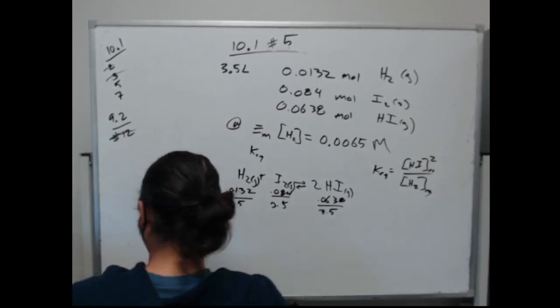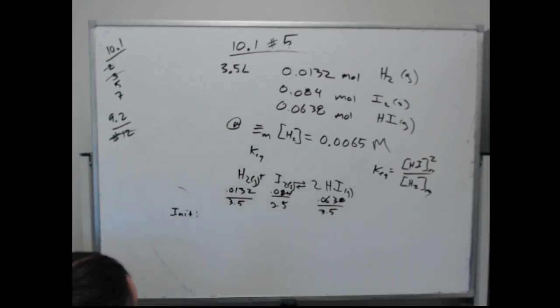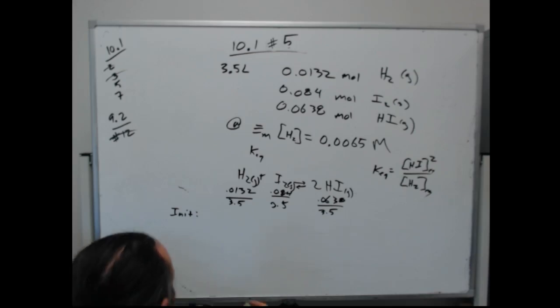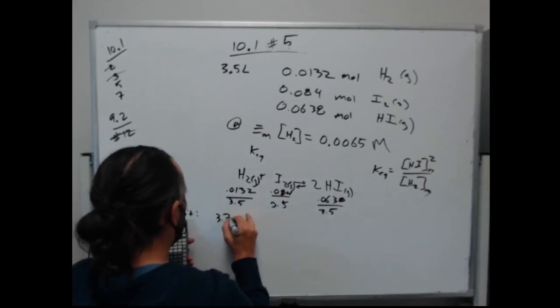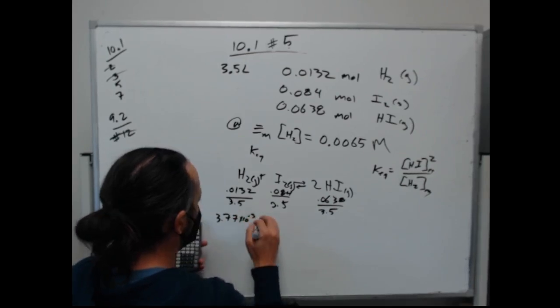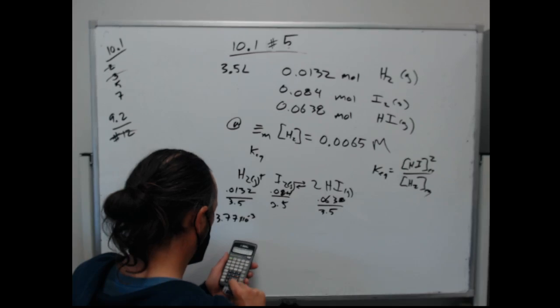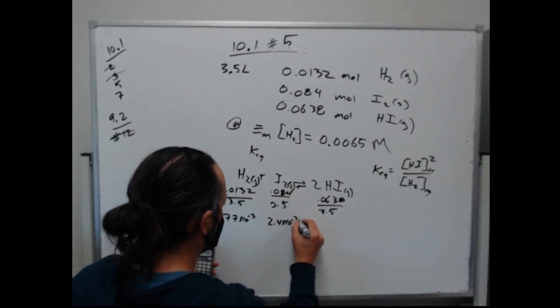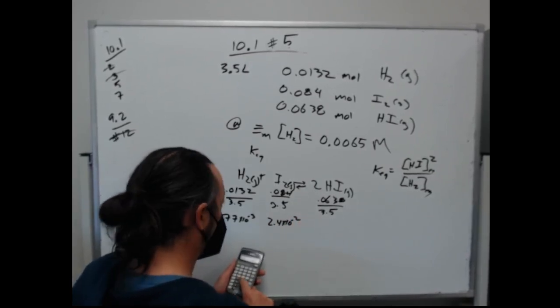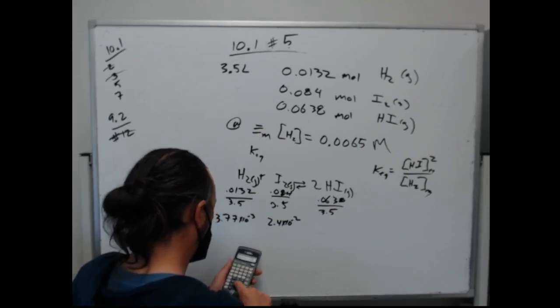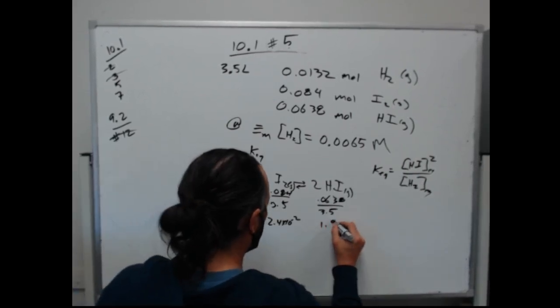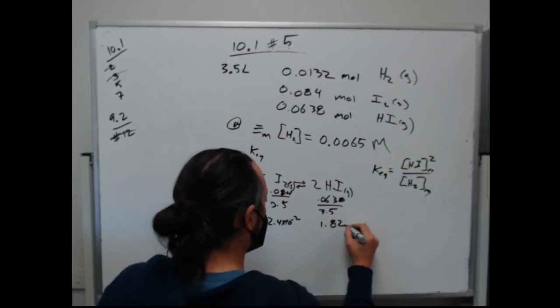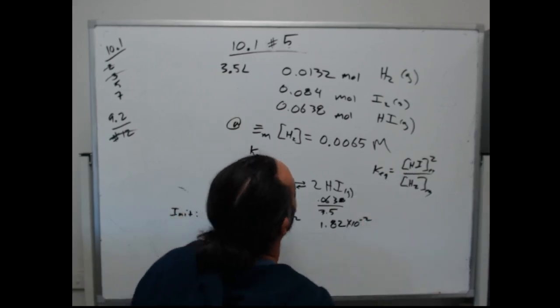So we go ahead and convert all of those. 0.0132 divided by 3.5 gets us 3.77 times 10 to the minus 3. 0.084 divided by 3.5 gets us 2.4 times 10 to the minus 2. 0.0638 divided by 3.5 gets us 1.82 times 10 to the minus 2.